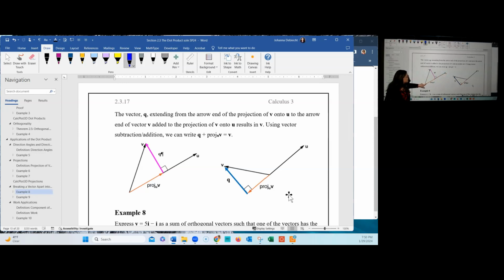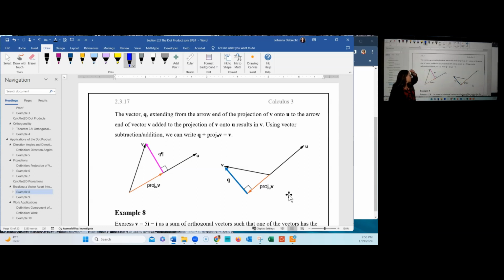So the projection is here. So Q is perpendicular to the projection of V onto U. And it would be perpendicular no matter which type of angle you have between U and V, whether it's complementary or supplementary. All right.